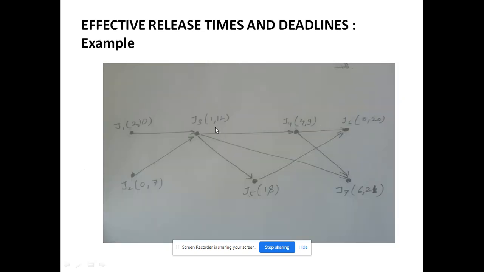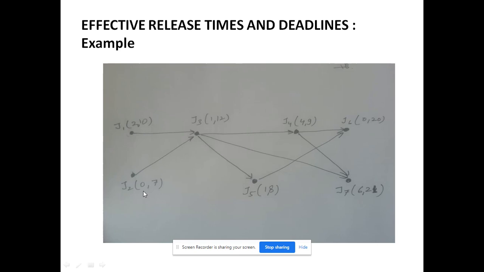Okay, now for J3. J3 has two predecessors, J1 and J2. The given release time of J3 is 1, the effective release time of J1 is 2, and the effective release time of J2 is 0.